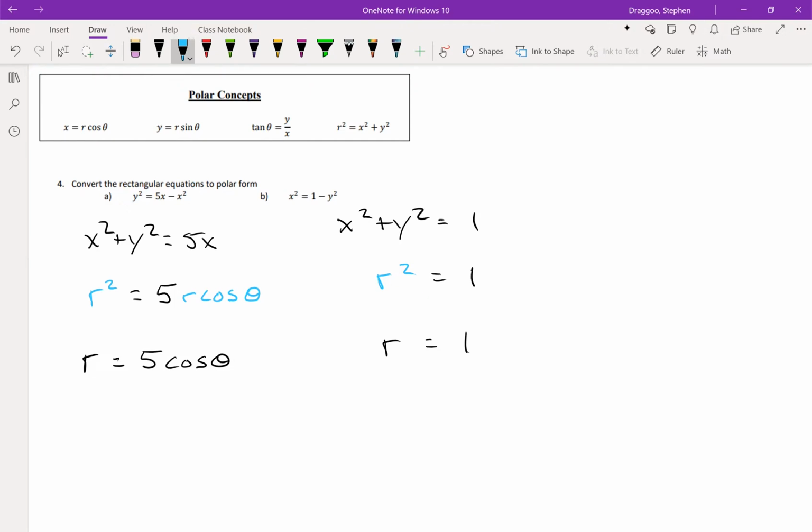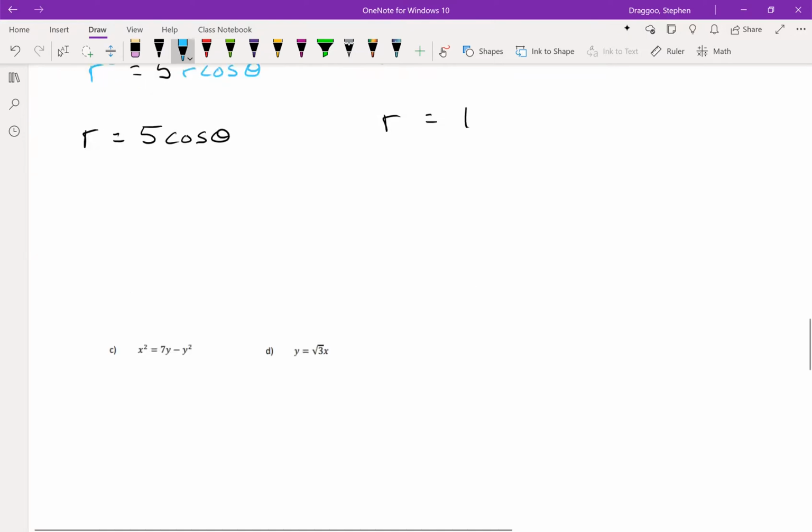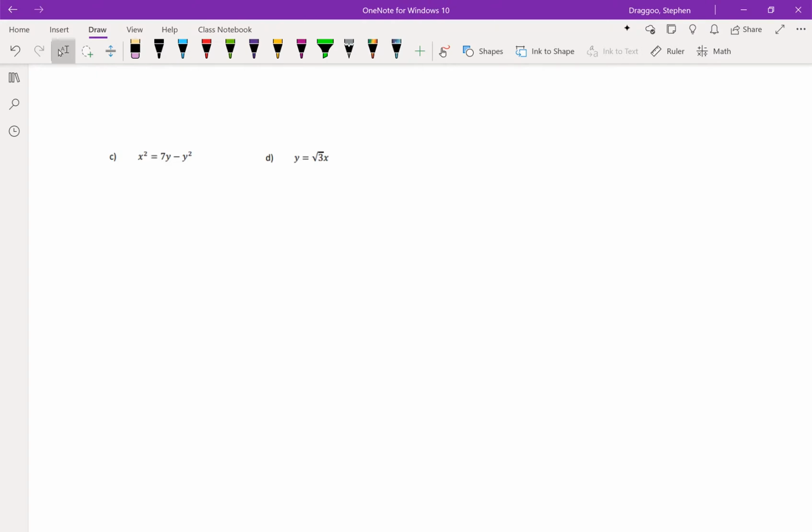And again, that should just be the unit circle, since we know that in the unit circle, x squared plus y squared is equal to 1. All right, on to parts C and D. So we'll gather our y squared on the other side.